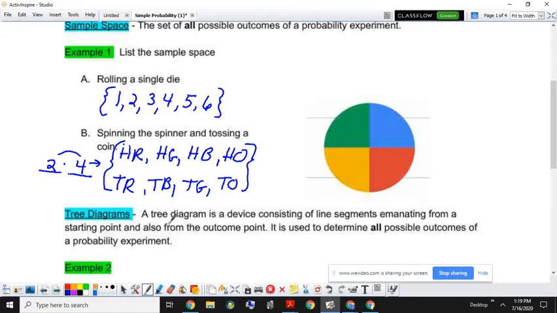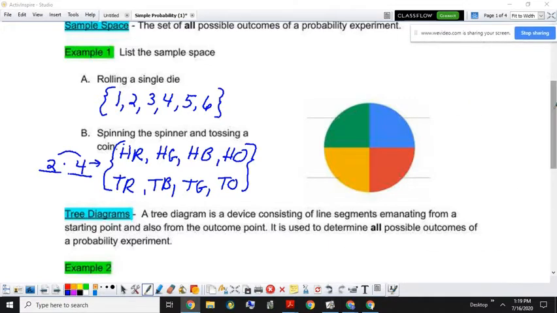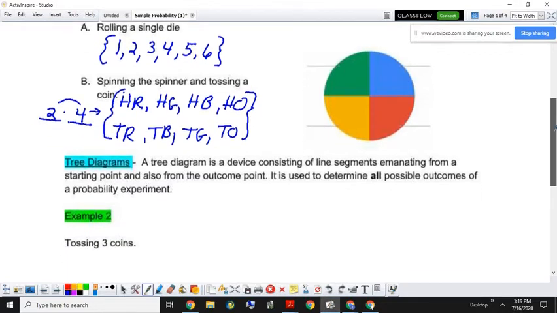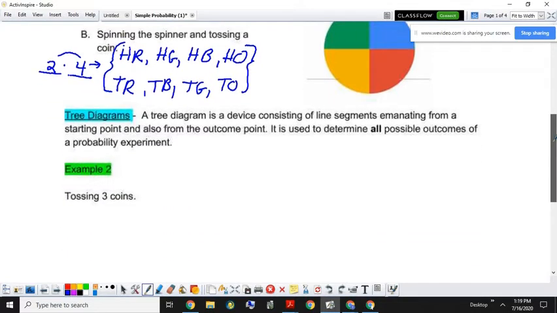Okay, so a tree diagram sometimes is good for this when you're doing multiple things one after another. You make a chart called a tree diagram, and that sometimes helps you come up with all of the different outcomes. For example, for the one above, here's a tree diagram.